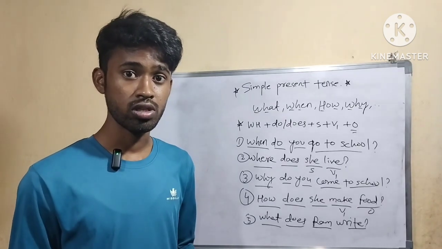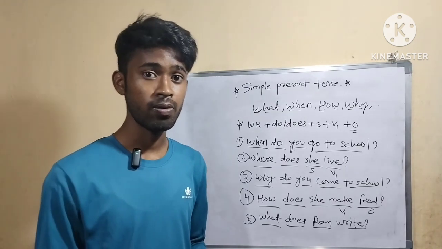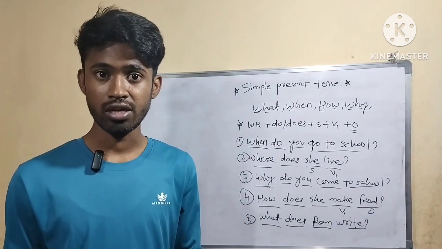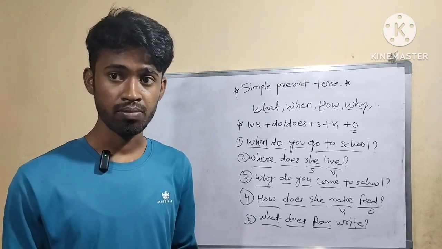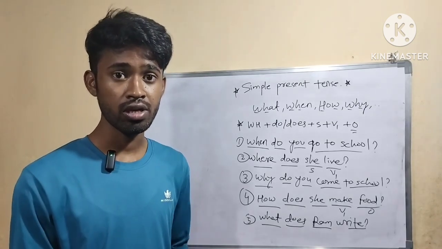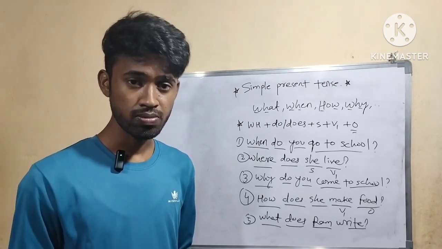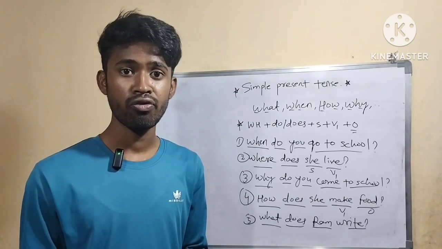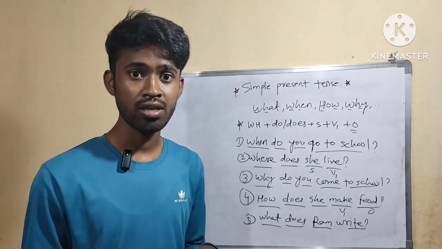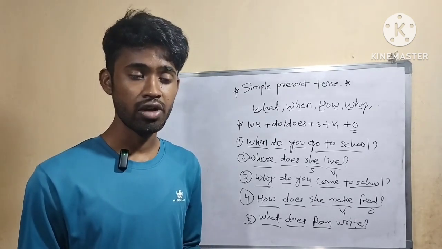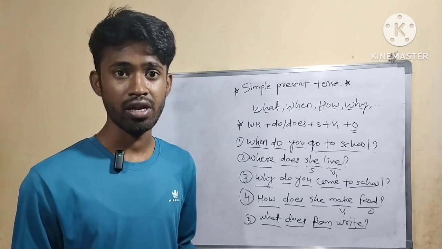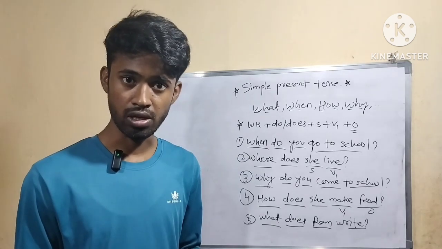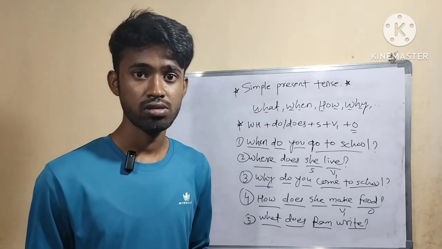So now I will transform some sentences from positive to negative, then to verbal questions, and later to WH questions. I will take 2-3 examples. Later I will give you one exercise, and you have to write the answers in the comment box. Even if you maintain one book, it is good. You can write in your practice notebook, but try to revise it once a week. Then only you can remember all this.